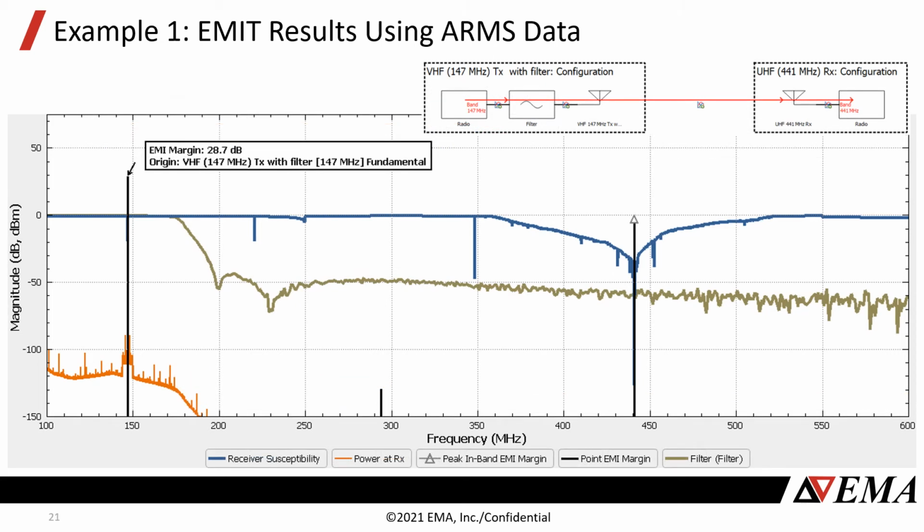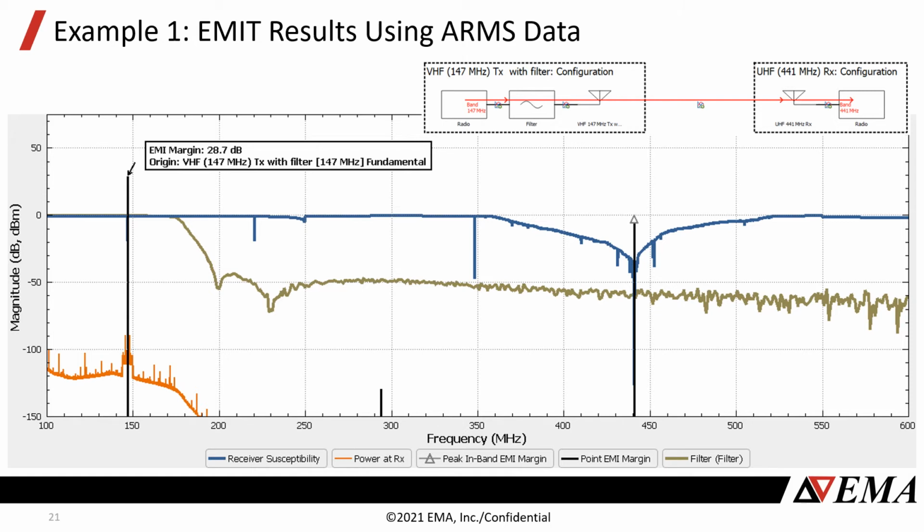So as Juan pointed out in the video, we then introduced a low pass filter because we weren't aware, let's just assume that we weren't aware, of this problem with the fundamental and the mixer product. And so we're getting about 60 dB of insertion loss or rejection due to this filter, which reduces this interference problem to the point where the third harmonic is no longer causing interference with the receiver.